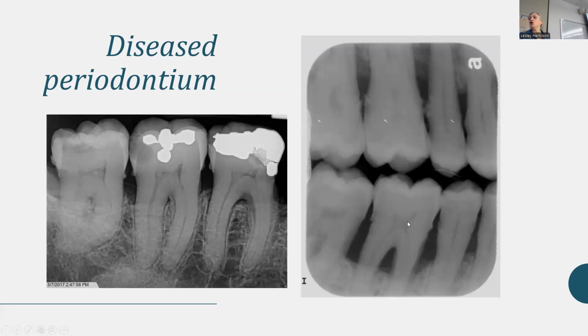This is like nobody would look at that and think that person had healthy teeth. So you're not going to struggle in this class with identifying advanced perio on a radiograph. When I'm testing you, if it's a 3 or a 4, and we'll talk about those classifications in a little bit, I accept either because you just need other information to be definitive about whether it's a 3 or 4.